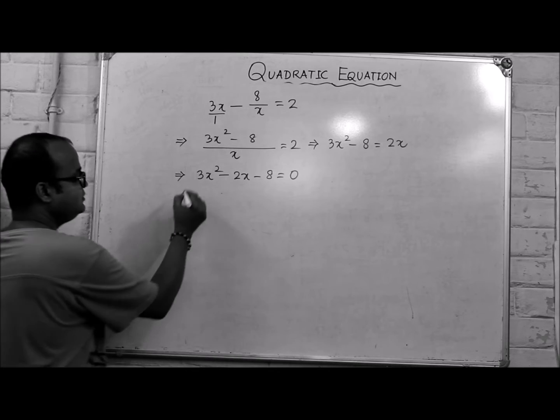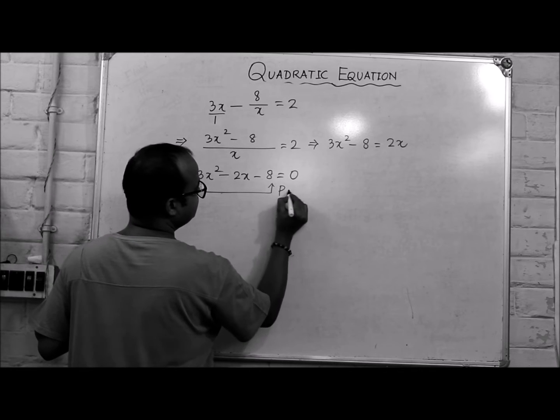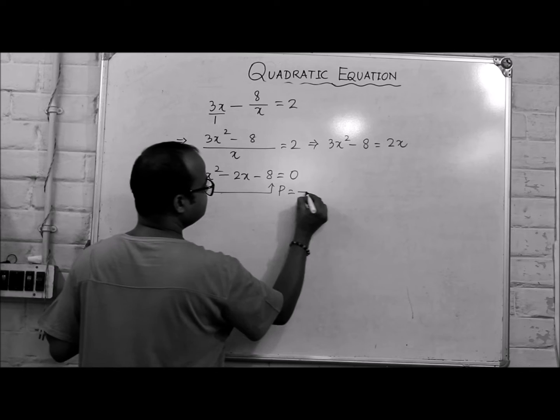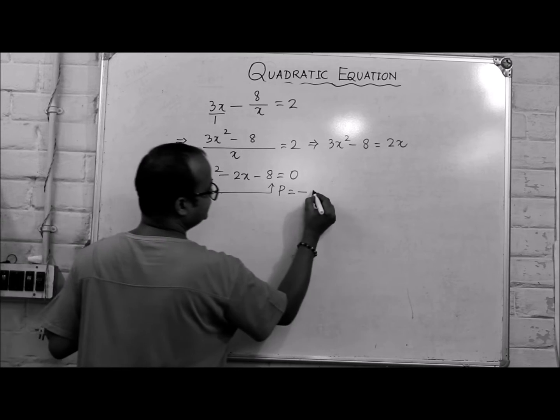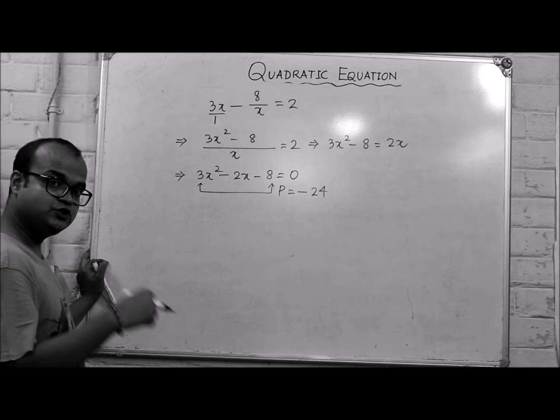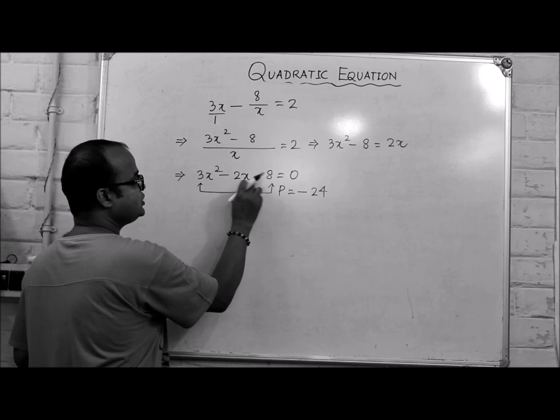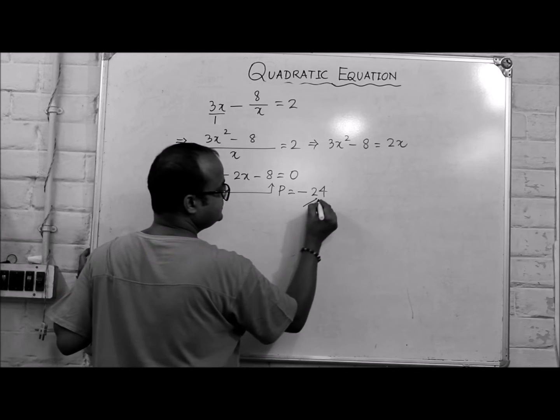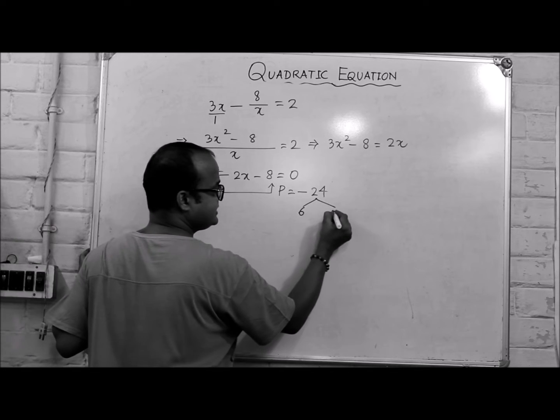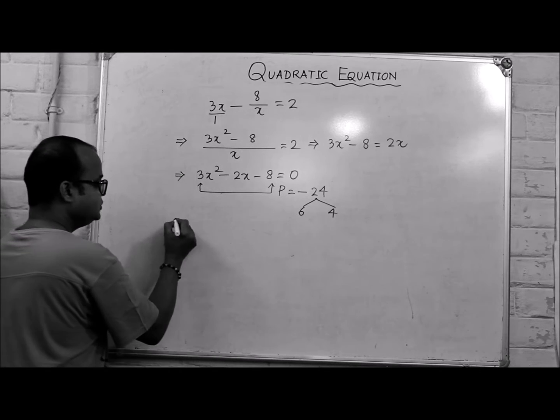Middle term factor, product of these two numbers, p is equal to minus 3 into 8, 24. 24 needs to be divided into two parts such that difference is equal to 2. So this can be written as 6 and 4. 6 minus 4 is equal to 2.